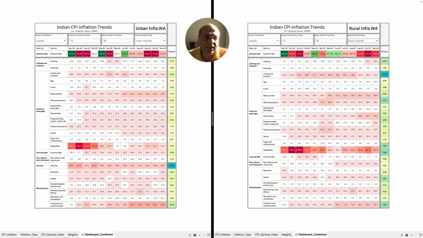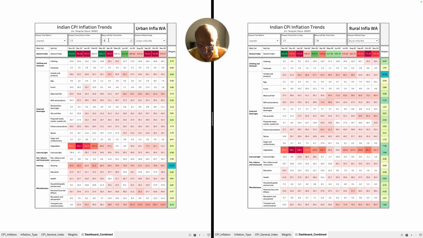Here the vegetable numbers were very high in the initial part of the window, November 19. But the rest of the items were more or less similar in nature. Their contribution was more or less similar, though the overall inflation numbers were very high. But not a single item stood out as a significant contributor except transport and communication, right? So that's the characteristic of the inflation 36 months back in time.